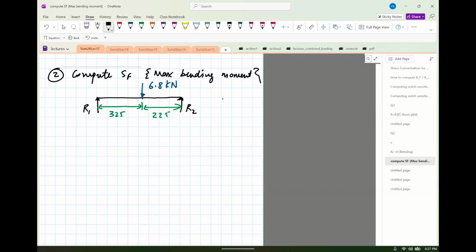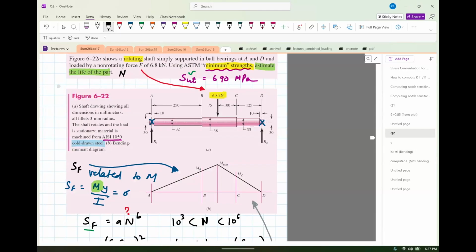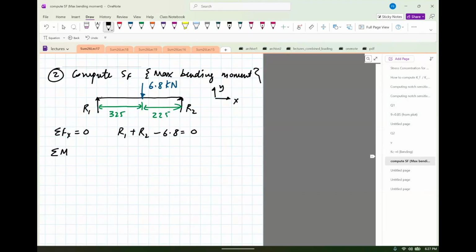Okay, so summation of forces in Y is 0. That would give me R1 plus R2 minus 6.8 equals 0. And then moment about, let's call this point A, and this D. So let's take moment about A equals 0.